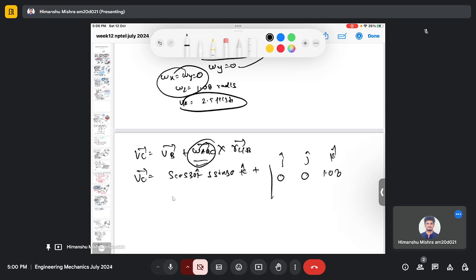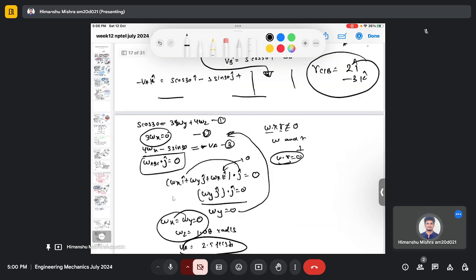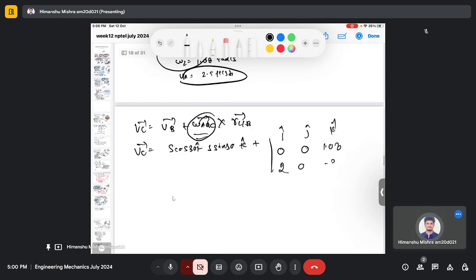And RC with respect to B is 2i minus 3k, so it's 2, 0, minus 3. When you solve this, you will directly get VC equals 4.33i plus 2.17j minus 2.5k.